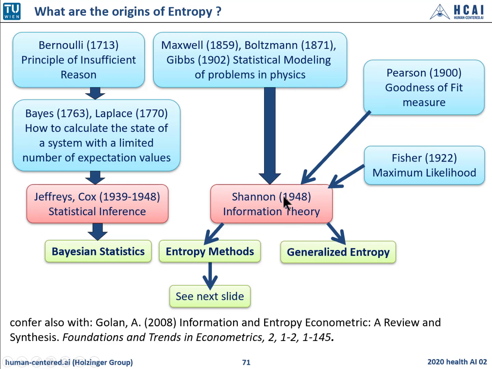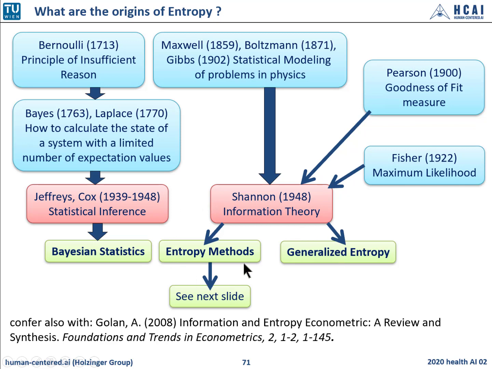And Shannon, as you all know, laid the foundation for information theory. And he was influenced also by Boltzmann and by Fisher. And he developed the entropy methods, or some of the entropy methods, and also the concept of generalized entropy. So this is really very, very interesting.